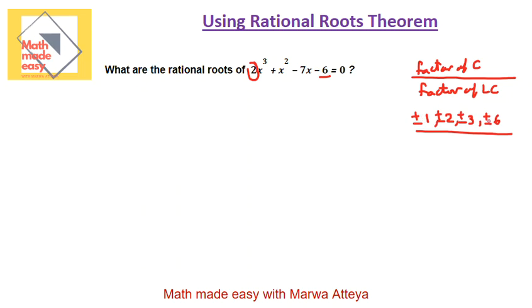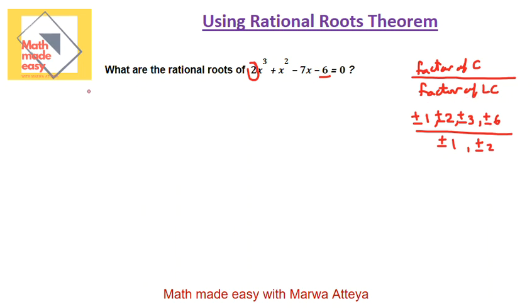So all the possible factors of the constant are ±1, ±2, ±3, and ±6. The factors of the leading coefficient, which is 2, are ±1 and ±2 only. So if there is a rational root for this equation, it has to be a fraction whose numerator is a factor of the constant, and whose denominator is a factor of the leading coefficient.